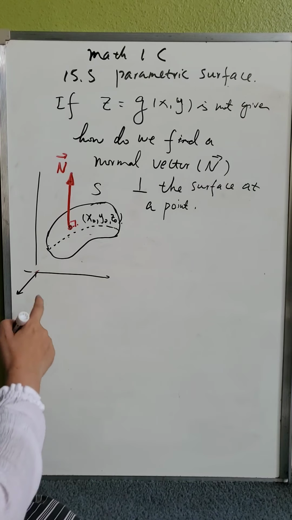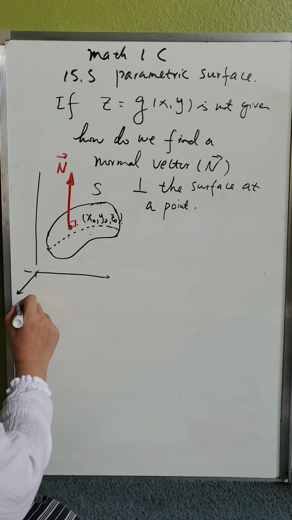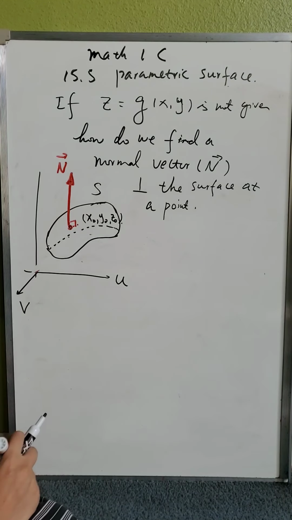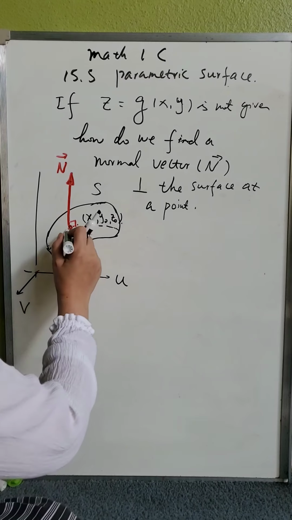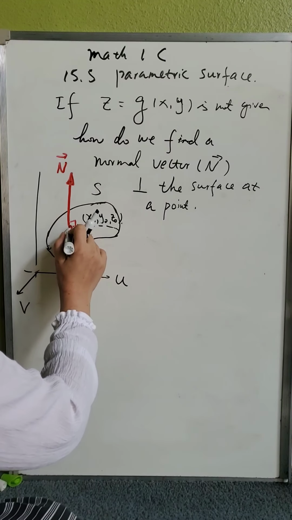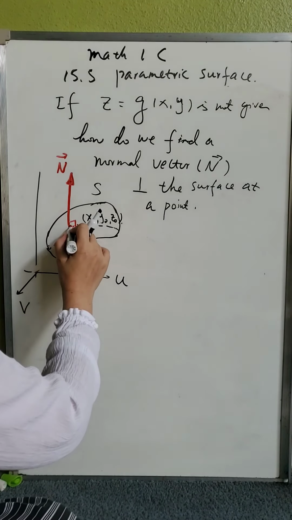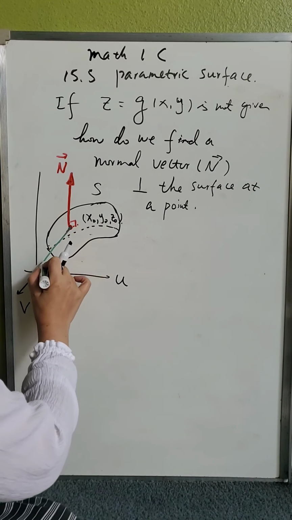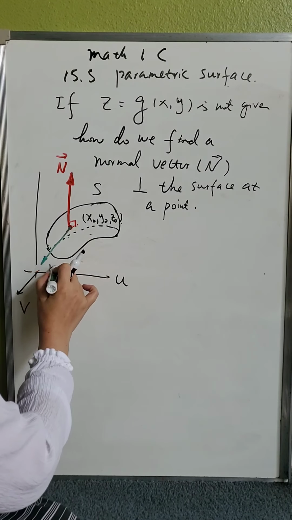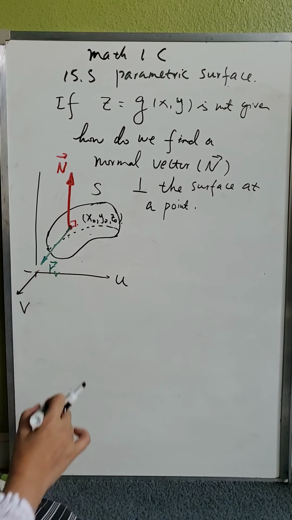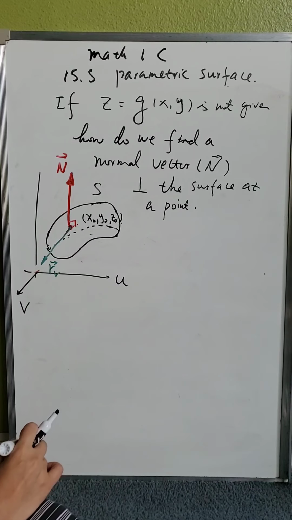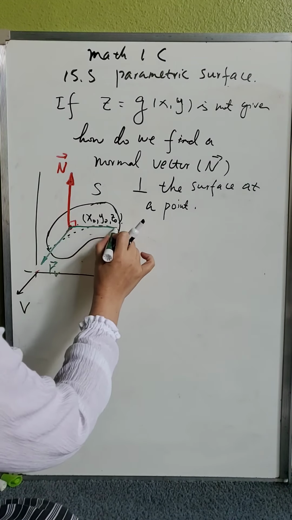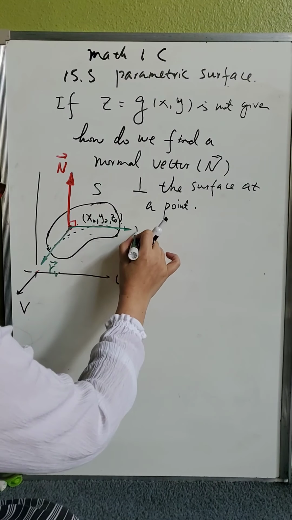And then I'm going to convert this to be a V, and this is a U. Then I change to a UV plane, and at this point I'm going to find a partial derivative vector parallel to V, so that will be R_V, the partial derivative parallel to V, and then the partial derivative parallel to U. So I put R_U.